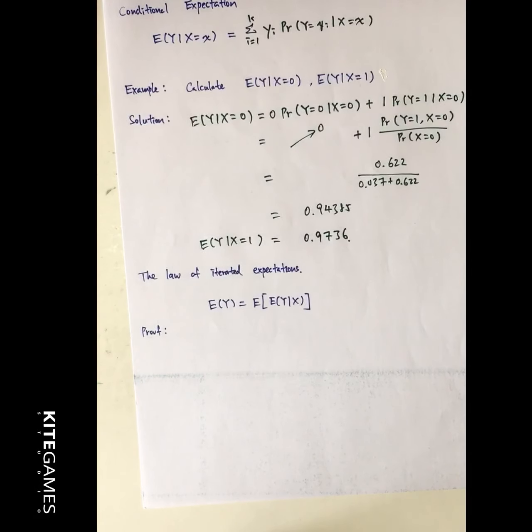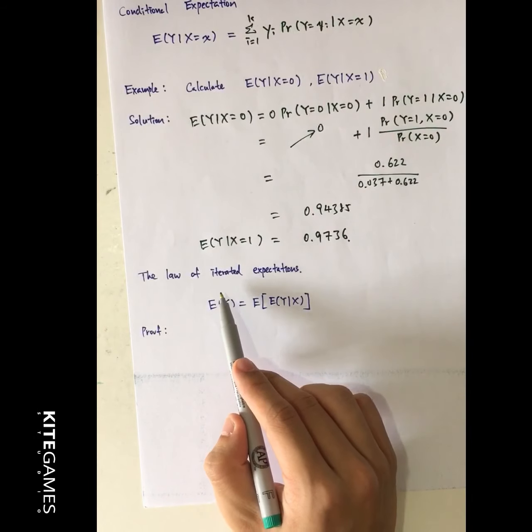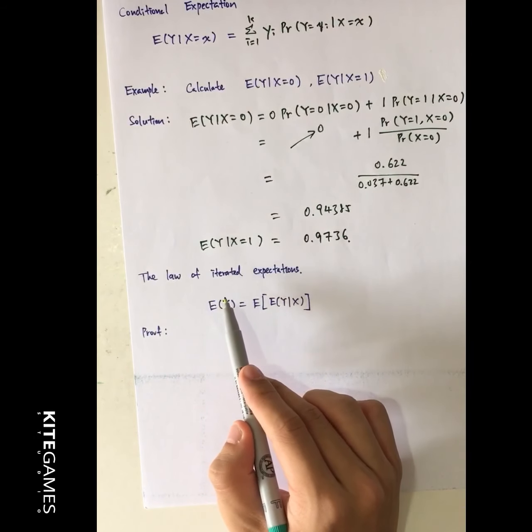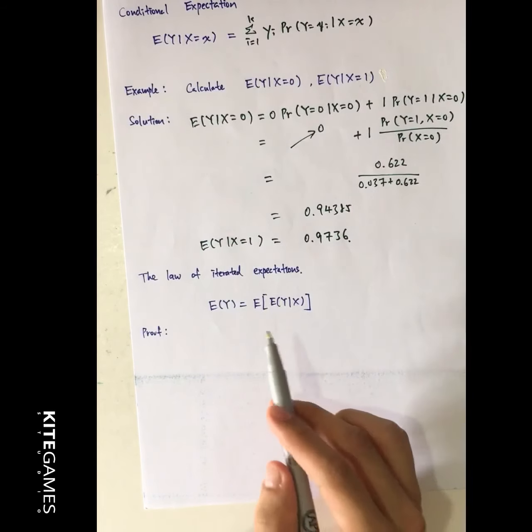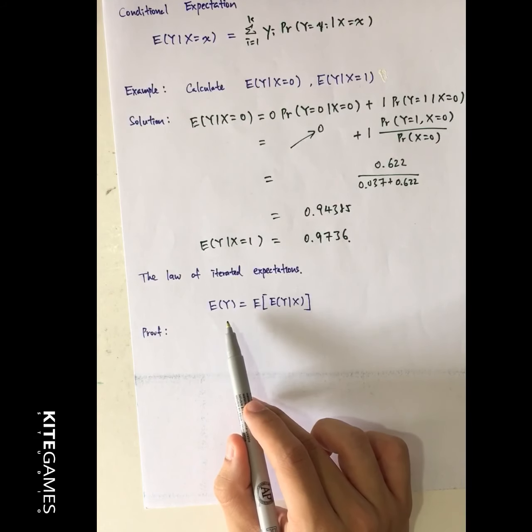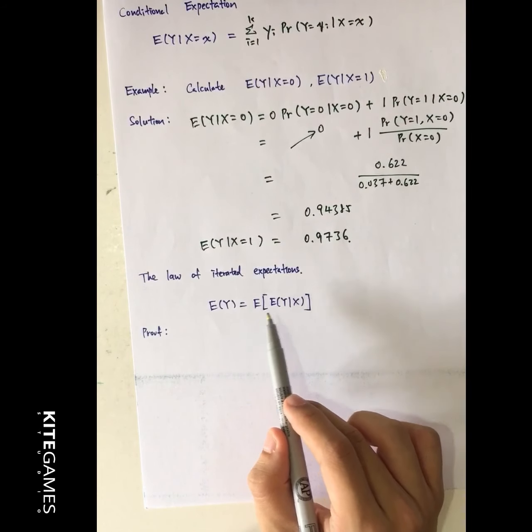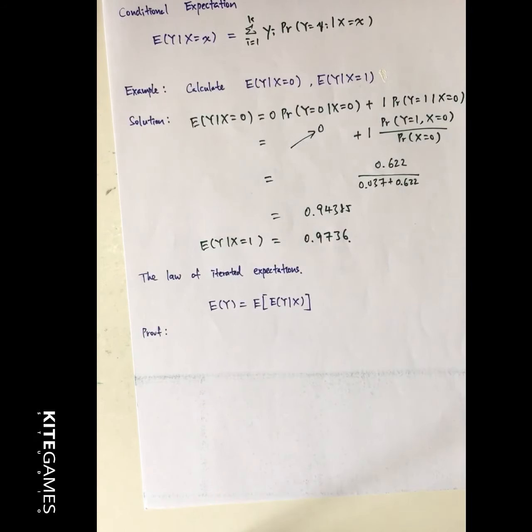Okay, at the end of this video, I would like to talk about the very famous law in econometrics, which is called the law of iterated expectations. The law of iterated expectations is in this form: the expected value of y is equal to the expected value of the expected value of y given x.